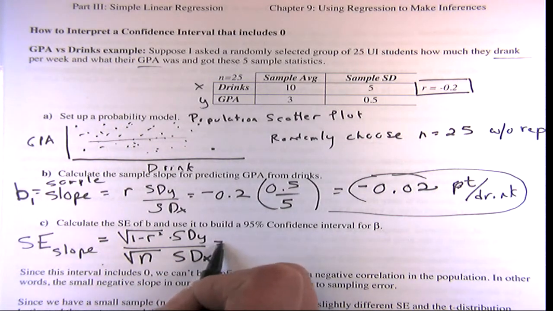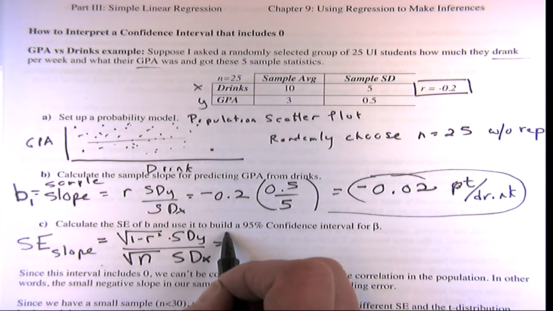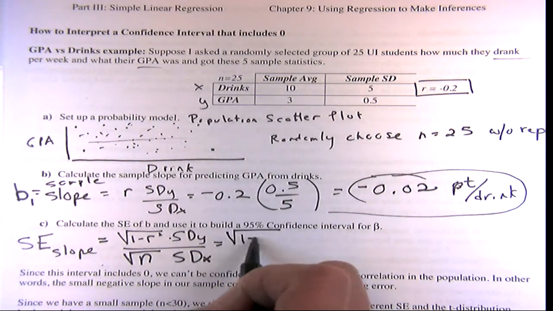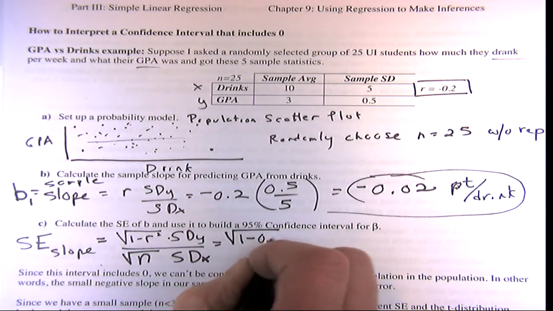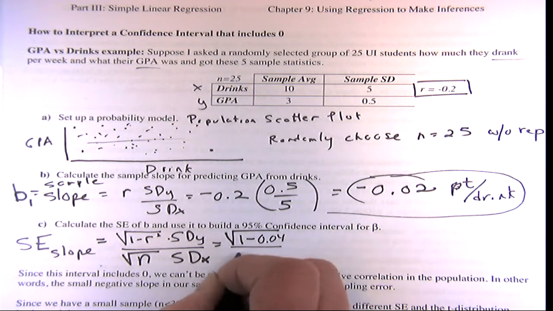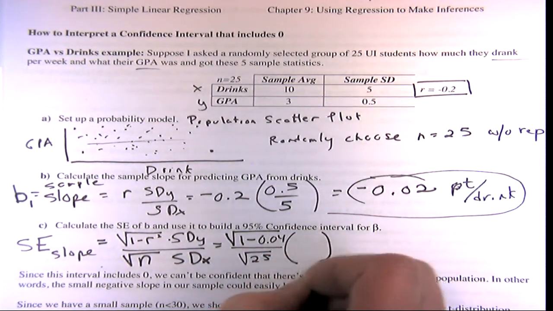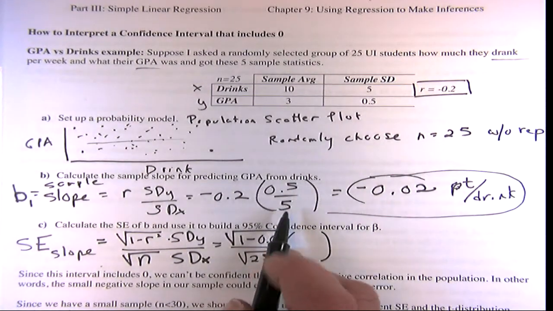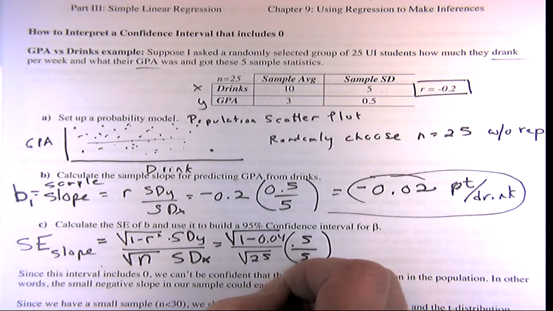All right, so now let's just do the calculation, and we have the square root of 1 minus negative 0.2 squared, which is 0.04, over the square root of 25, and then the ratio of the standard deviations is y over x, 0.5 over 5.